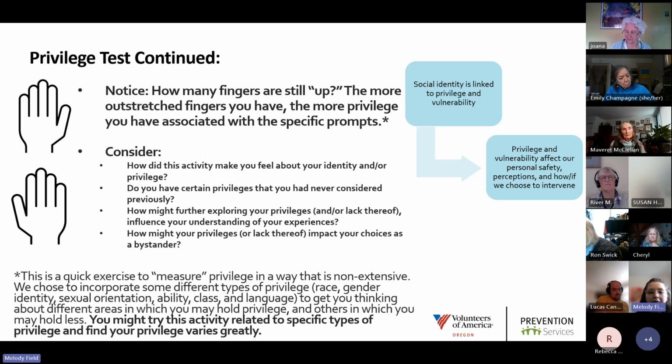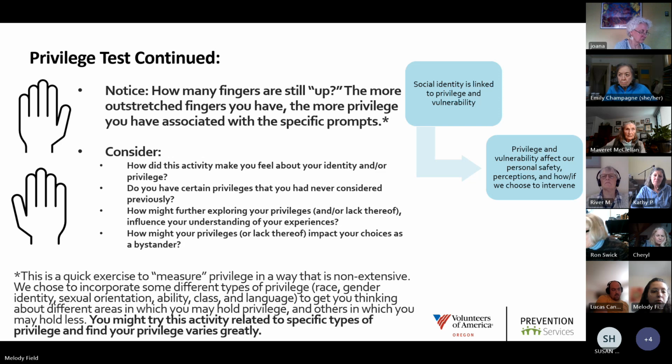So notice how many fingers are still up at the end of that activity. The more fingers that you have outstretched, the more privilege you have associated with the specific prompts. The activity is supposed to help you consider how you might feel about your identity, privilege, positionality.